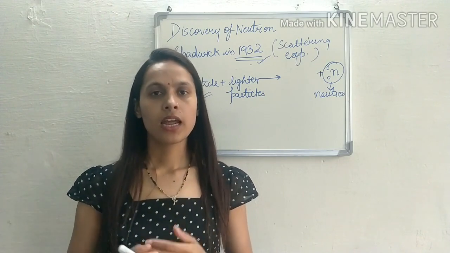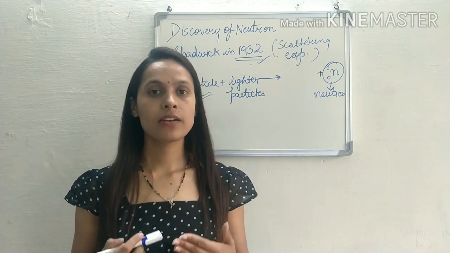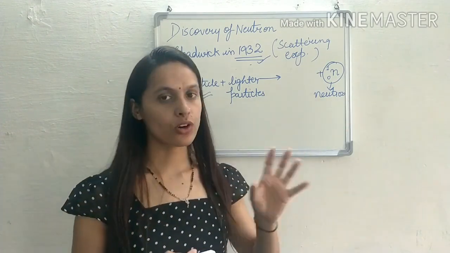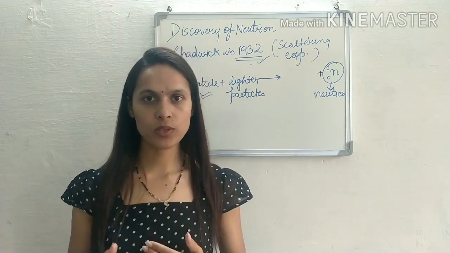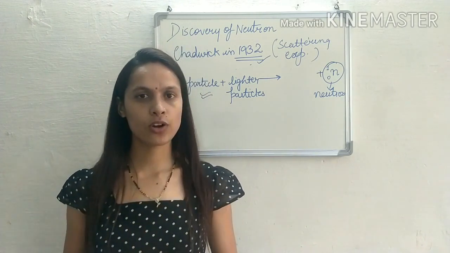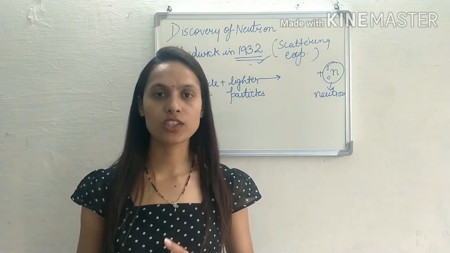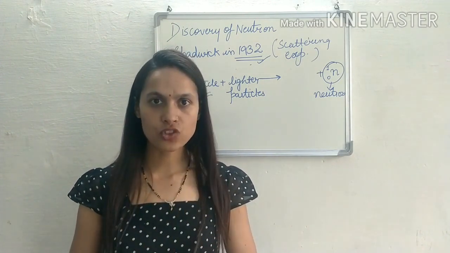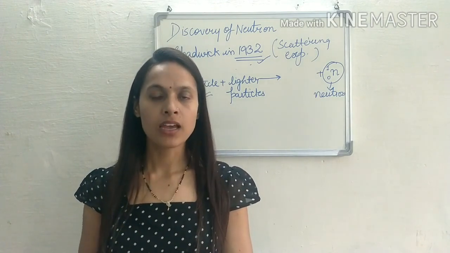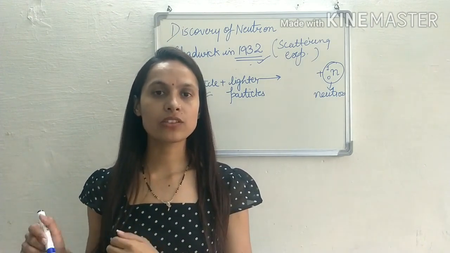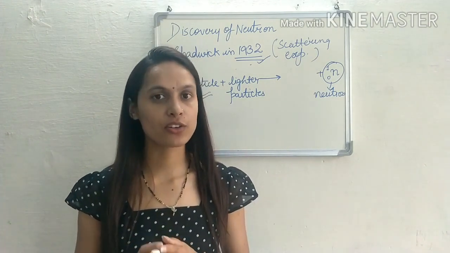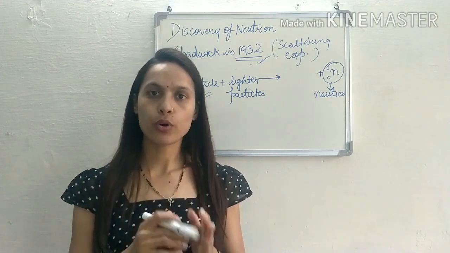Once again, when we define neutron, proton and electron, repeat with me. If we define electron, what is electron? Electron is that fundamental particle which carries 1 unit negative charge and has a mass 1/1837 of the mass of the hydrogen atom. What is proton?